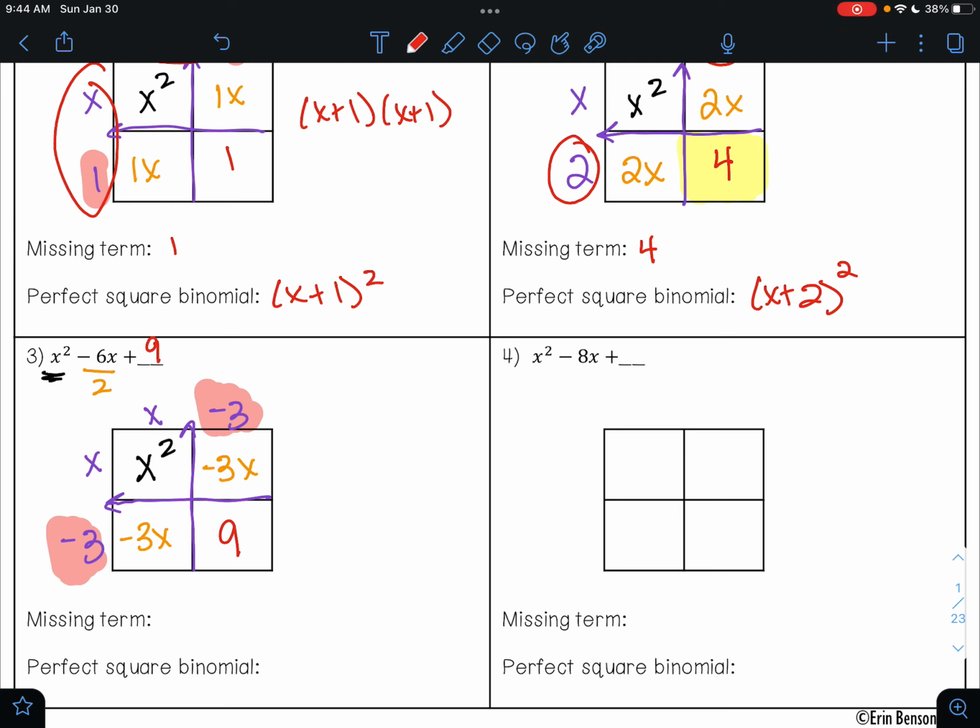So 9 is the missing term that completes the square. We have now factored x squared minus 6x plus 9. We got x minus 3 times x minus 3, which is the same thing as saying x minus 3 squared. Go ahead and pause the video and try example 4.